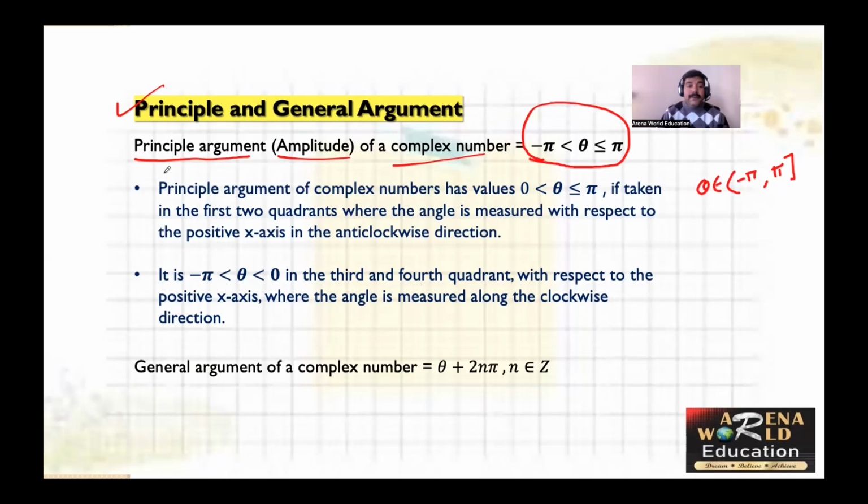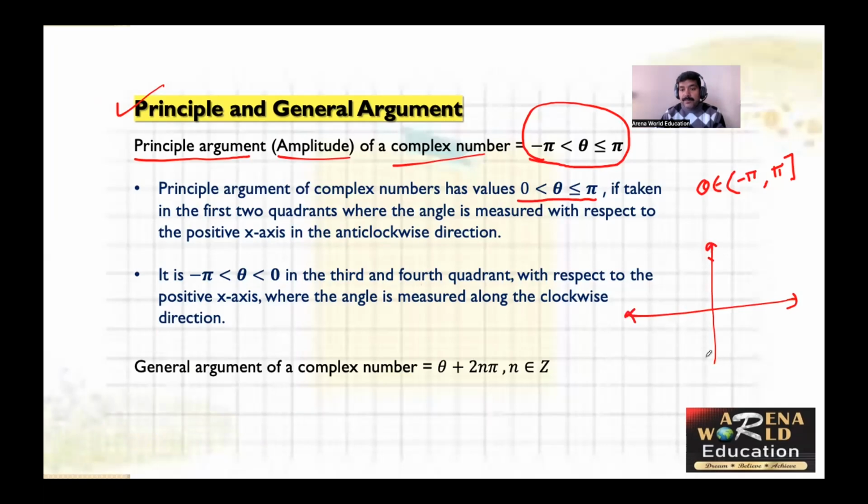Now look at this one. Principal argument of complex numbers has values 0 to pi if taken in the first two quadrants, where the angle is measured with respect to the positive x-axis in the anti-clockwise direction. What does it mean?